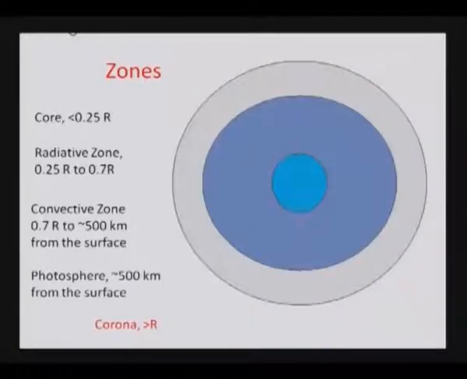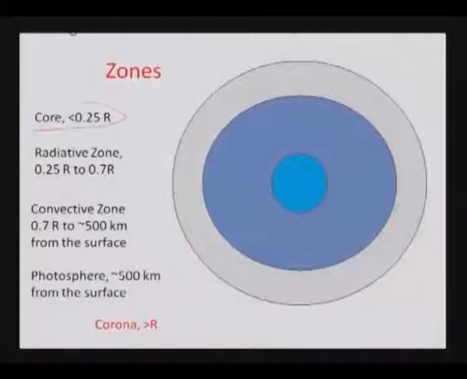Now, the whole mass of the sun, which is very nearly spherical, having almost the same radius in all directions, you can visualize as composed of 3 different zones. One is the core, which is up to 0.25 of the radius.